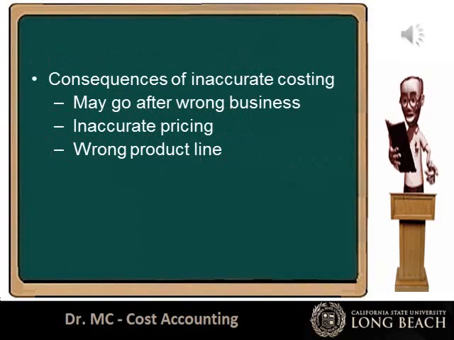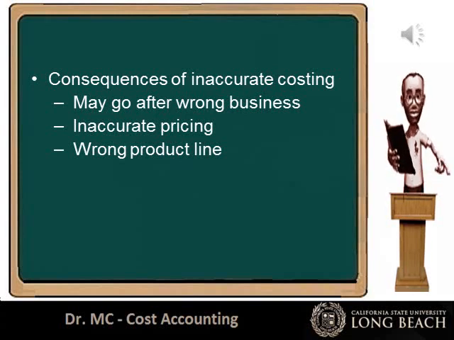The fact that a firm doesn't really know what it costs to make a product can cause major problems for that firm. For example, the firm may think that it makes a large profit from selling a product when it is actually making a small profit or losing money from selling that product. As a result of that misconception, the firm goes after business that it should be avoiding.